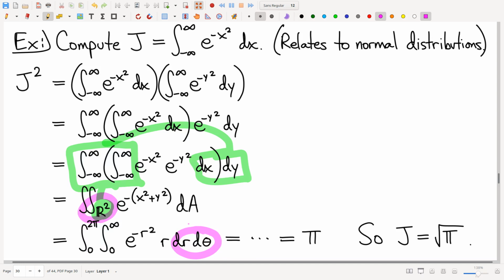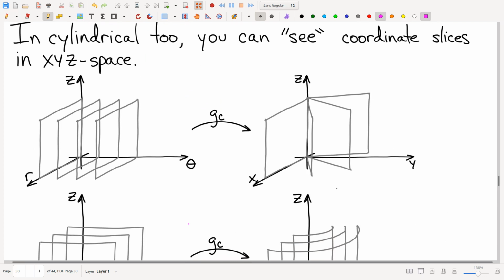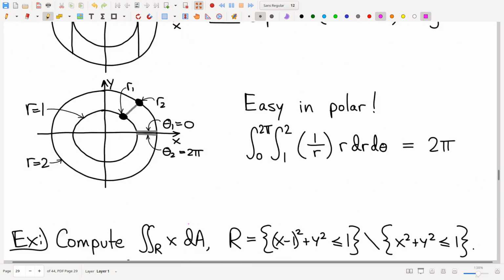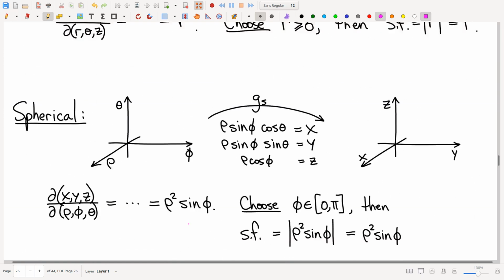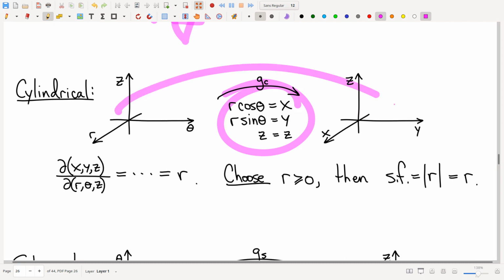Okay. All right. Okay, cylindrical coordinates. A lot like polar coordinates. Again, we've already set up most of what we need to do to talk about doing integrals in cylindrical coordinates. We have our change of variables function that goes from r theta z space into xyz space.